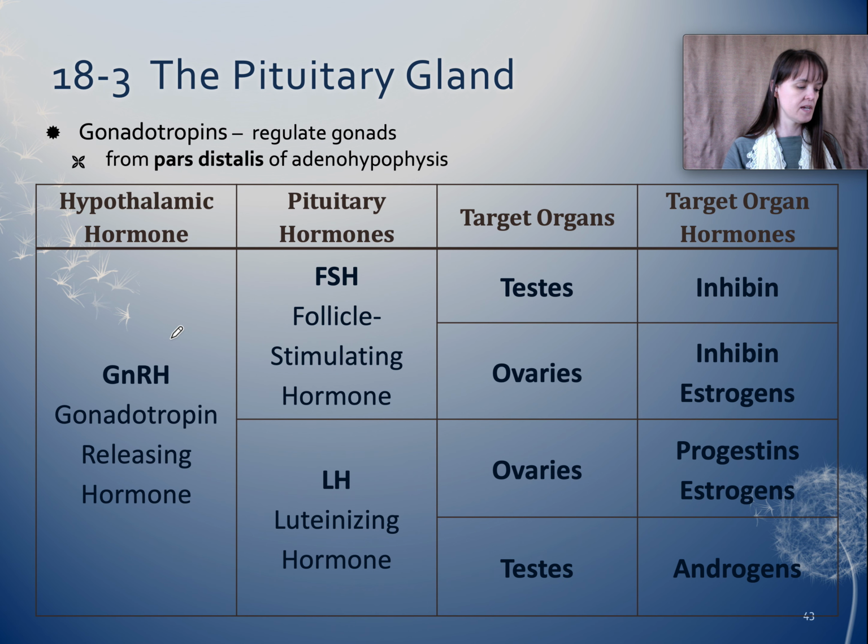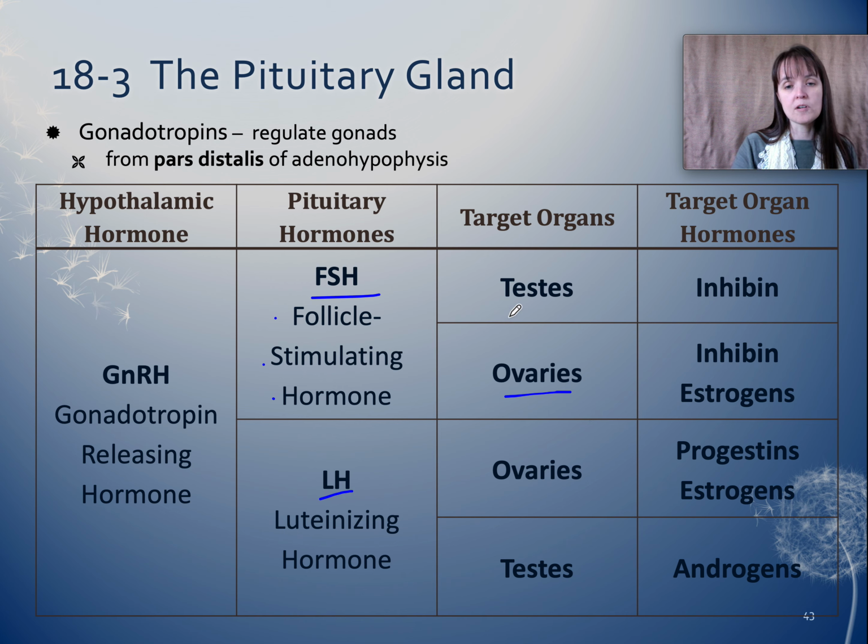Next box. Okay, so these are the gonadotropins. So there's one hypothalamic hormone for both gonadotropins. We said FSH and LH were the two gonadotropins. That's follicle stimulating hormone. Plot twist, the follicle stimulating hormone stimulates the follicles of the ovaries to make eggs.